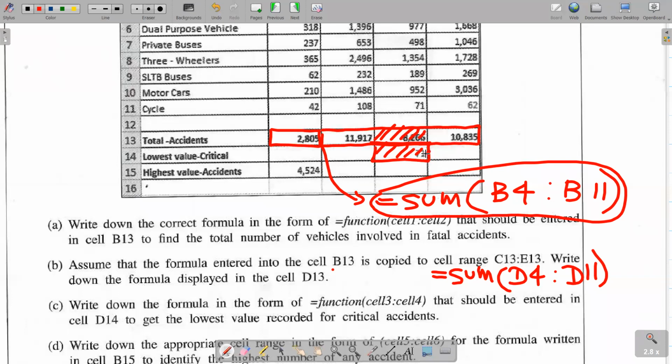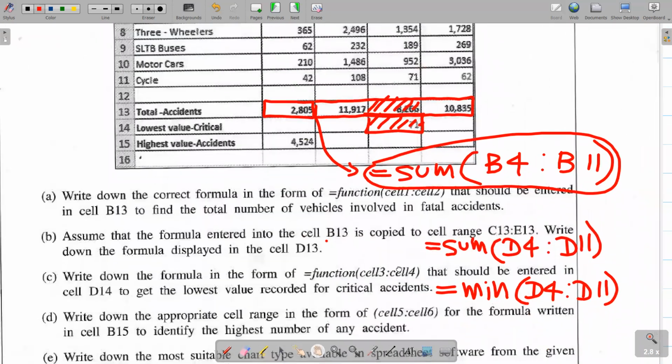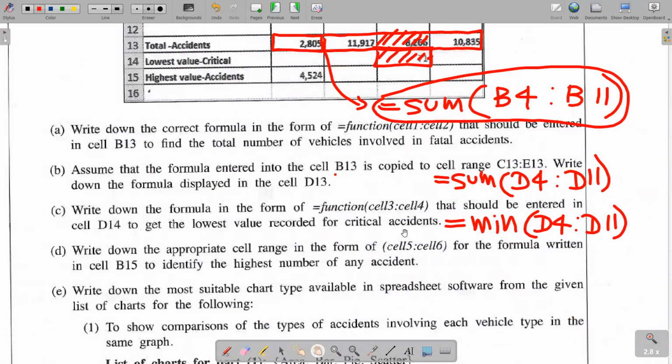So it's easy again. To find the lowest, you have to use the min function, and the range does not change. It's D4 colon D11 because D column is the one which contains the critical accidents. So you have to find the minimum out of it.